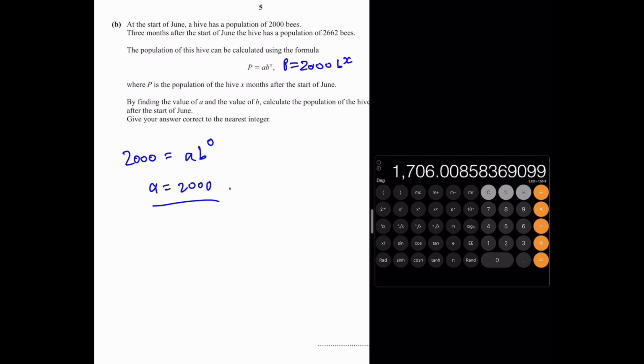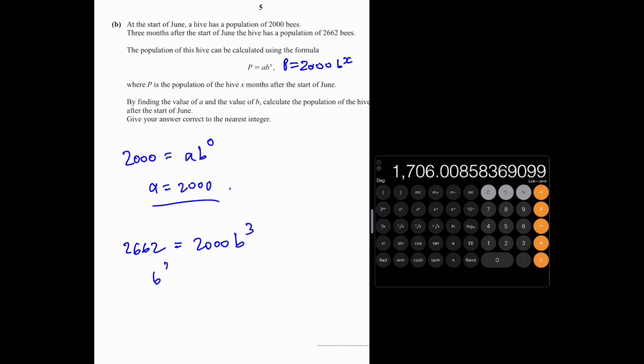Now we have a second piece of information, which is 3 months after the start of June, X is equal to 3. That means the population is 2662 bees. So P is equal to 2662, and that's equal to A, which is 2000 now, multiplied by B to the power of X, or B to the power of 3, since X equals 3.